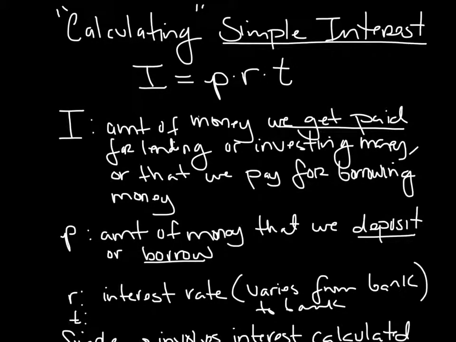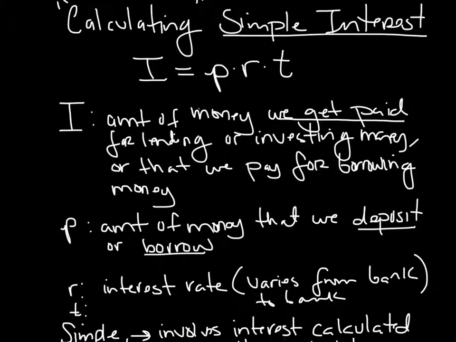When we borrow money, there's interest that you're going to be asked to pay, or interest that you earn when you deposit money in the bank. Now P is the amount of money that we deposit or that you borrow. So if you borrow a $2,000 loan, that's your P, or you deposit $2,000.